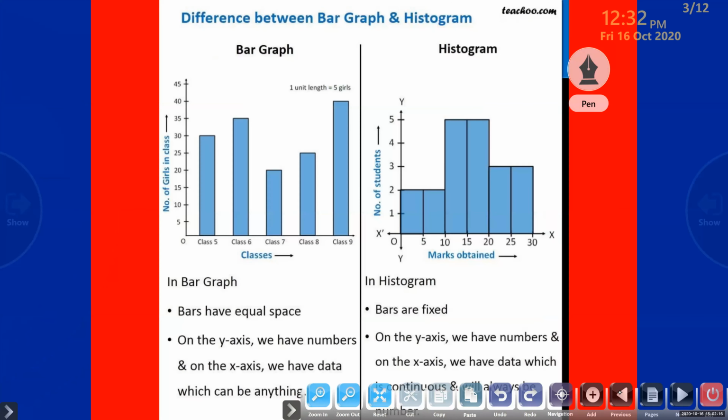Children, did we write this difference of bar graph and histogram? Yes, ma'am.